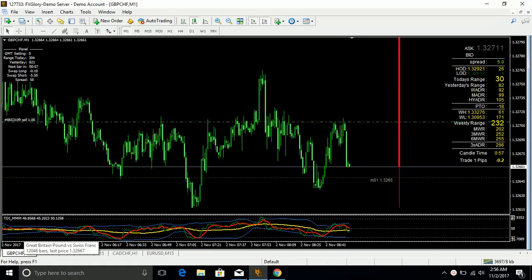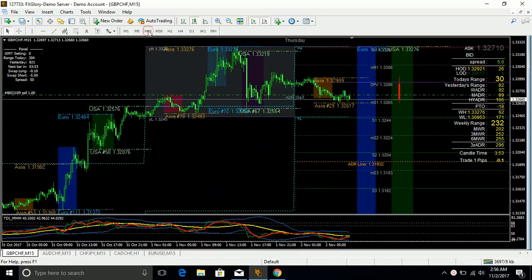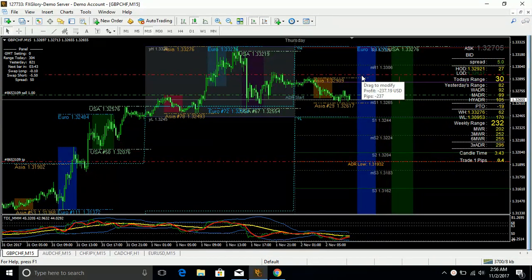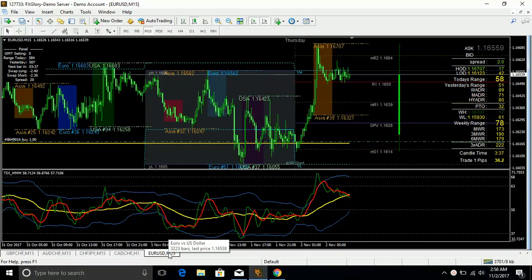Alright, for those who are following along in the Telegram, we entered a trade on the pound CHF for a sell here. Target right here. And stop loss we can place there. Also, I have some trades taken here on the Euro USD.